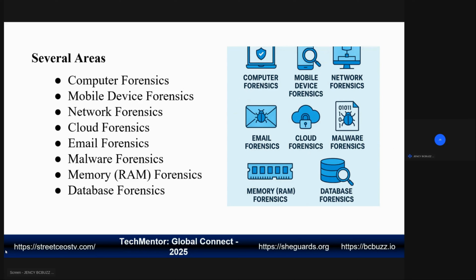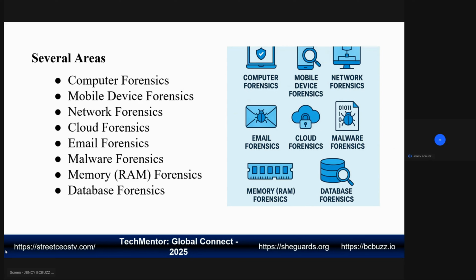The third one is network forensics. This is like watching the road where digital traffic flows. Experts monitor and analyze network data to detect unauthorized access, data breaches, and malware communications. It's especially useful when you are trying to figure out how an attacker got into your system. Then the fourth one is cloud forensics.